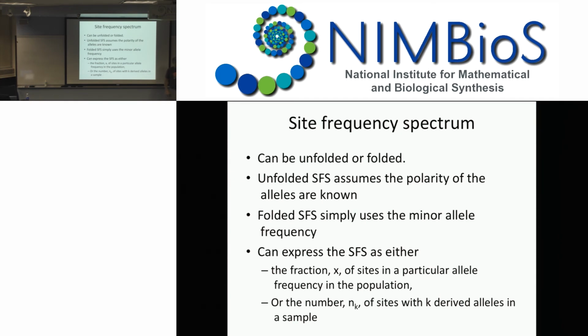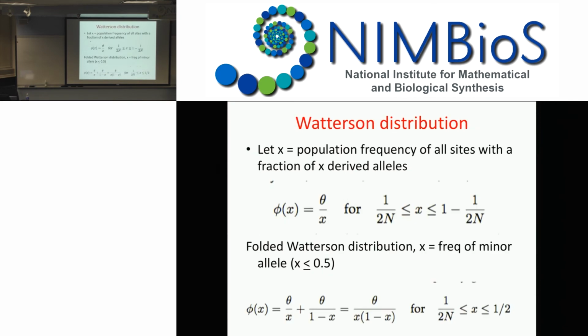So I get a distribution where X ranges from 0 to a half in a folded, 0 to 1 in an unfolded. That's for the population. Then I can ask for a sample: what's the number of sites in a sample that have K derived alleles or K minor alleles, depending upon folded or unfolded?